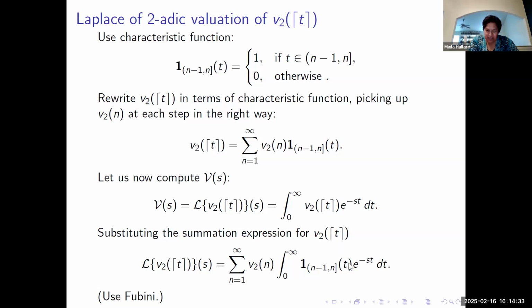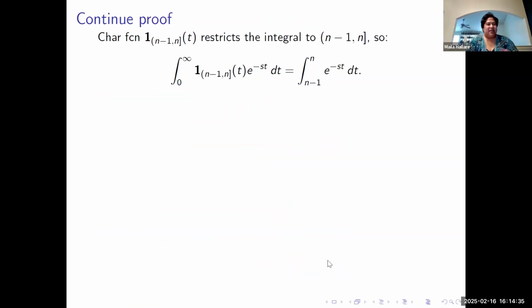A little bit more cleaning up, and we will be almost there. Because this is now the Laplace of the characteristic function, but the characteristic function, remember, is either a 0 or a 1. It will become a 1 if the t belongs to this interval. So this improper integral can now be reduced into this integral, which is easier to solve.